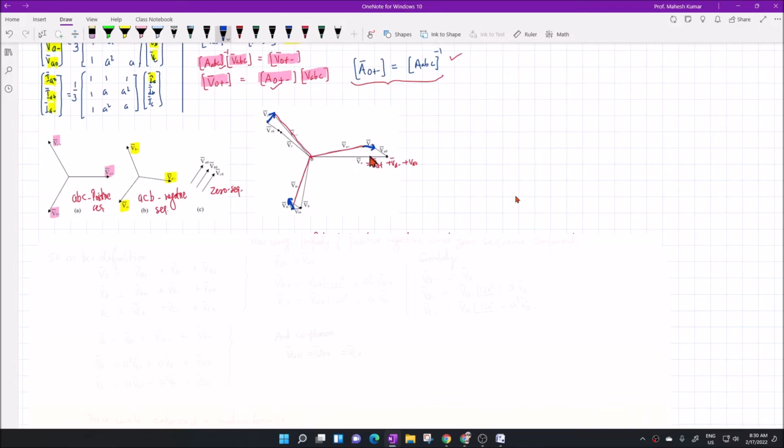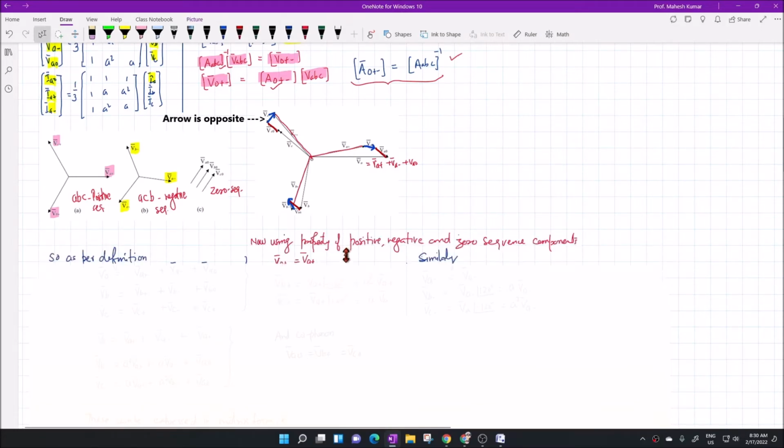This is also a balanced phasor but negative sequence. And finally, there is the zero sequence. This is the zero sequence co-phasor, this is the zero sequence co-phasor, this is the zero sequence co-phasor here. They are in the same direction. So you can resolve any three-phase unbalanced system into positive, negative, and zero sequence components.